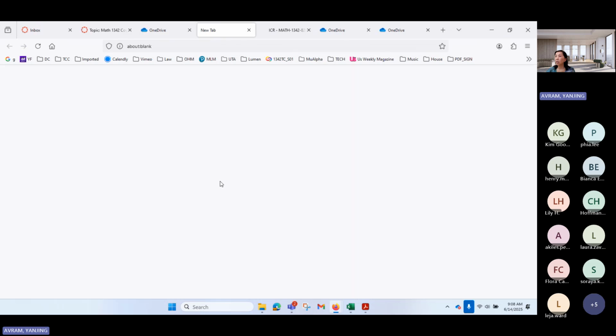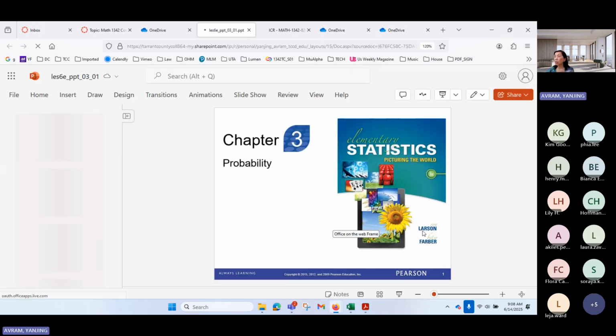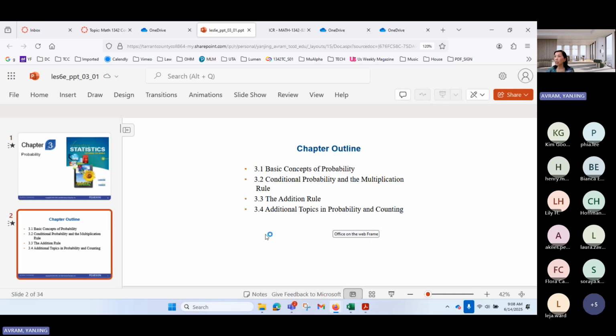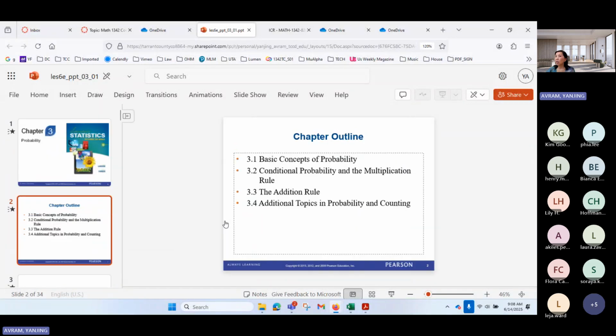Let's see what is on 3.1. It's talking about probability. So what is probability? Probability basically includes an addition rule, basic counting of probability, and conditional probability. Probability is talking about the chance of rain today or the chance of rain tomorrow, right?